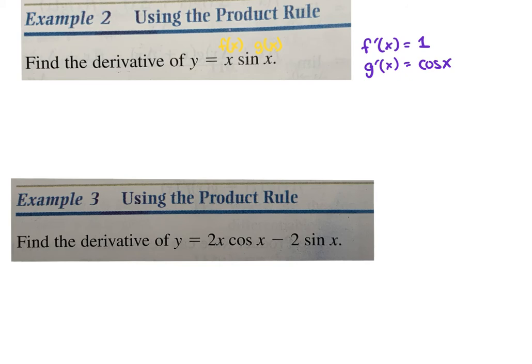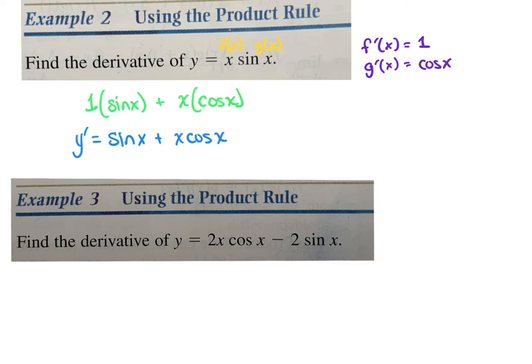And then I'm going to just plug that in. So I'm going to say the derivative of the first times the second plus the first times the derivative of the second. And I can't simplify that anymore, right? So I have sine x plus x cosine x, and that is my first derivative here.